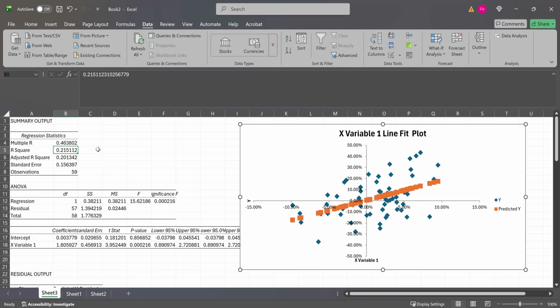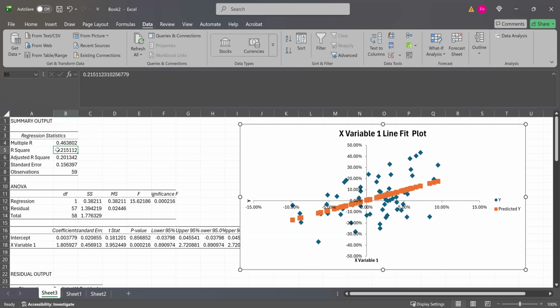Here I see some evidence against that proposition that stock returns are only explained by the market risk premium, by the systematic risk. Because R squared tells me what percentage of variability in the value of Y is explained by variability in the value of X. So in this case, only 21.5% of the variability in the value of Y is explained by the systematic risk, explained by X.